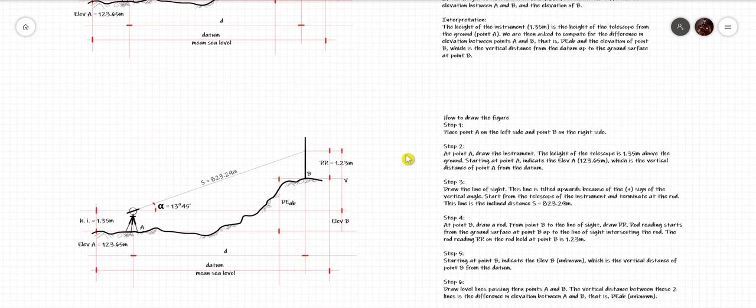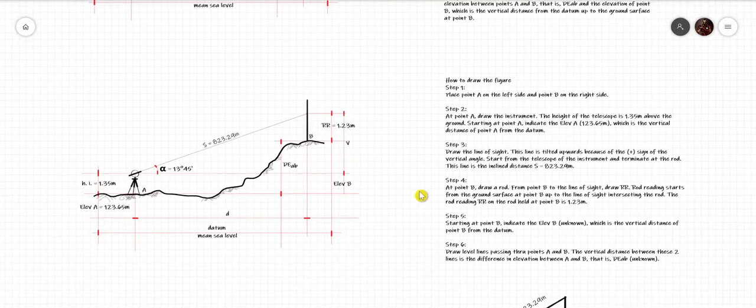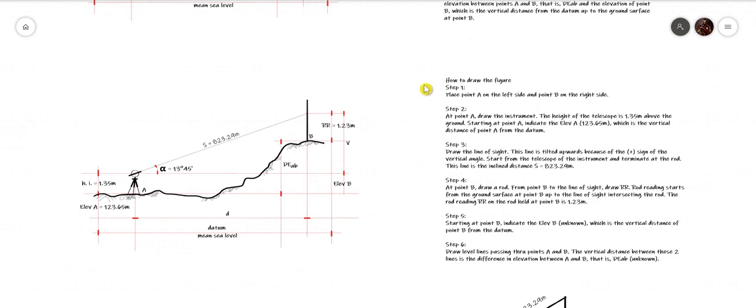Next, how to draw the figure. Step 1. Place point A on the left side, and point B on the right side. Step 2. At point A, draw the instrument.